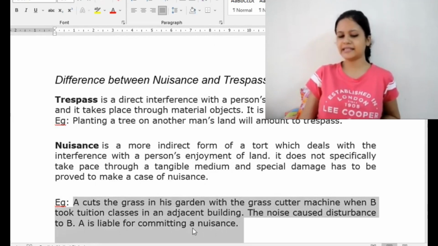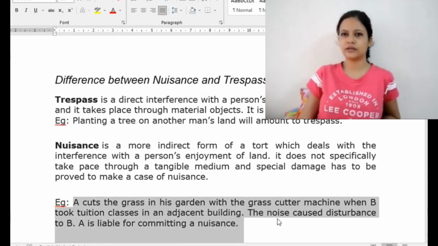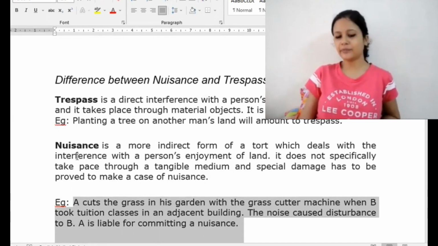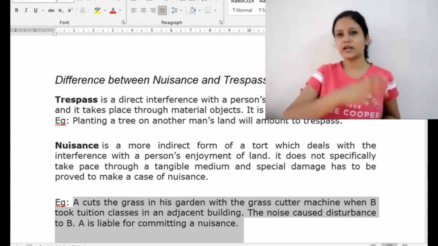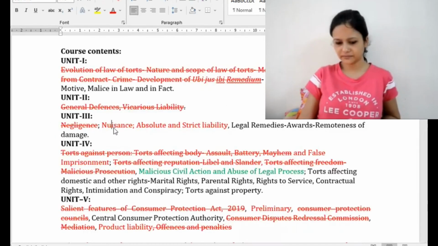In this case, A is liable for committing nuisance because he was using this big machine to cut the grass and it caused disturbance to the neighbor. Right? That is nuisance, because A was busy in his own premises, cleaning his garden and stuff, but it disturbed his neighbor. Okay, so this will fall under nuisance. Is this part clear?